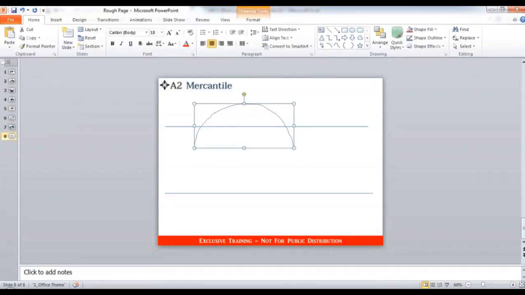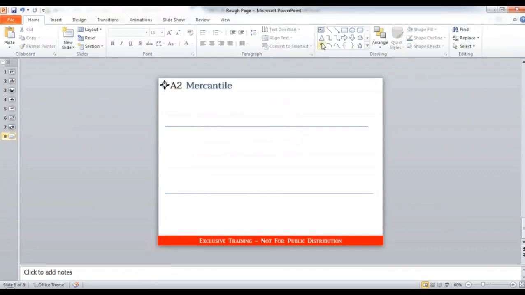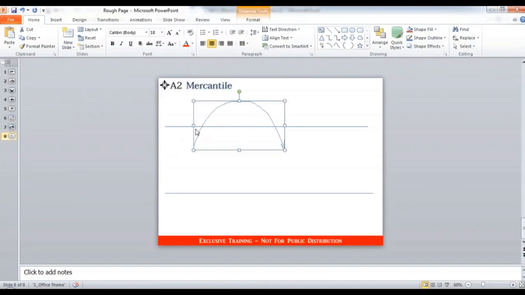It goes like this and it comes back like this. Can you consider this to be a resistance formation? Correct? Yes, sir. Okay, so this is a resistance formation.